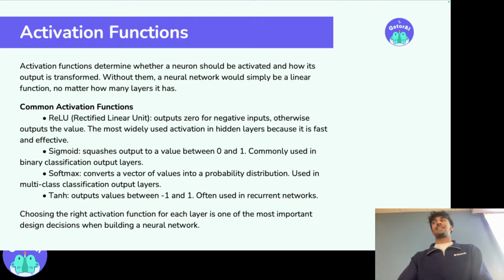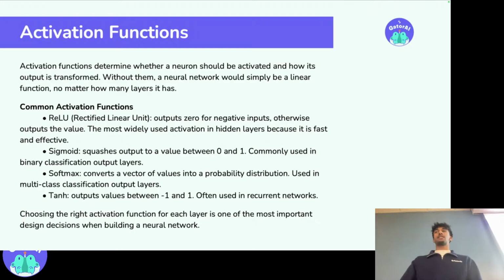If the input is negative, the output is 0. If it's positive or 0, the output value remains unchanged. ReLU is really fast to compute, it avoids certain training problems like vanishing gradients, and it works really well in practice. It's your default choice for hidden layers.